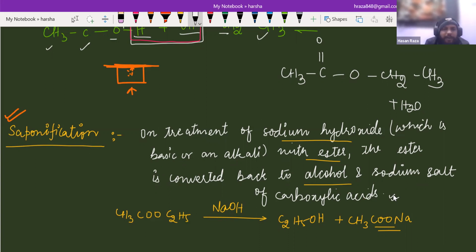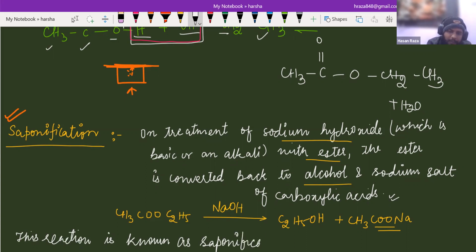This reaction is basically known as saponification because it is used in the preparation of soap.